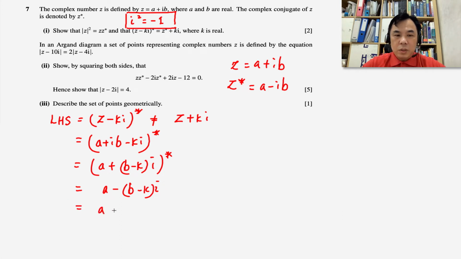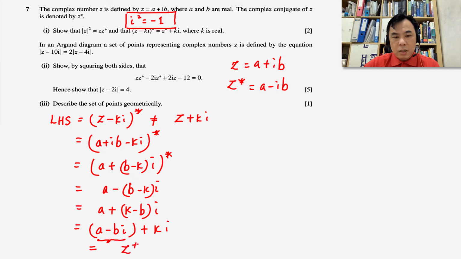Of course, you can rewrite it as a plus k minus bi like this. Or you can separate the k and b out. In this case, it will be a minus bi plus ki. You notice that I have written down here, this a minus ib or bi represents the complex conjugate. Therefore, this entire thing is the complex conjugate of z.